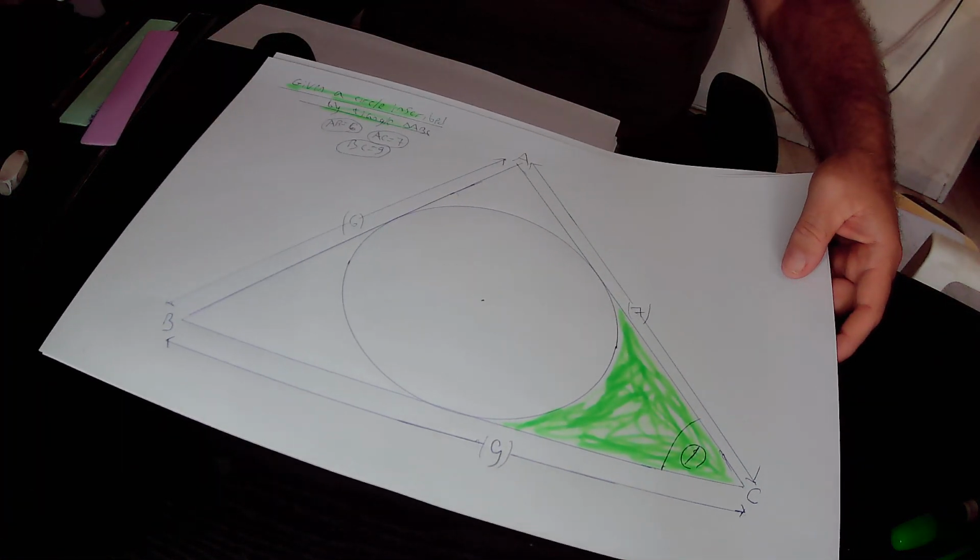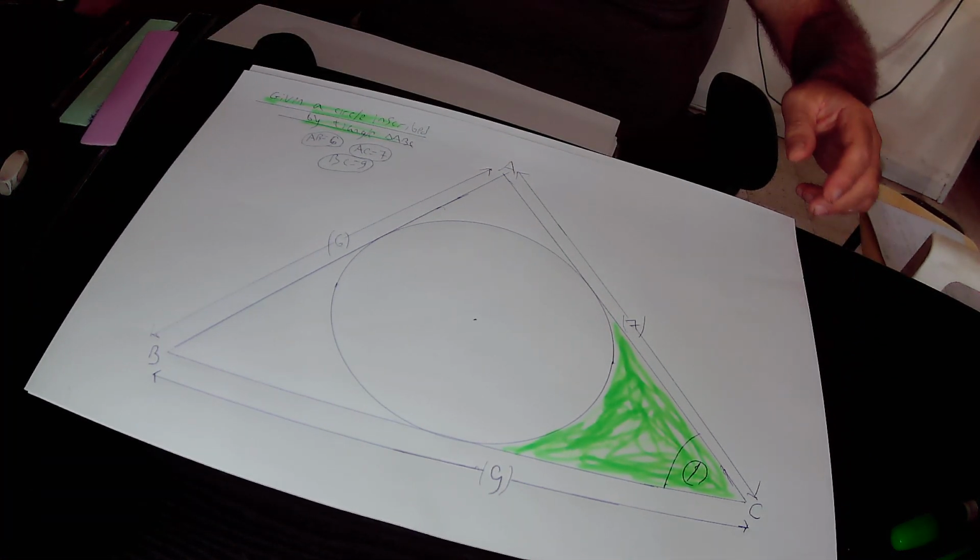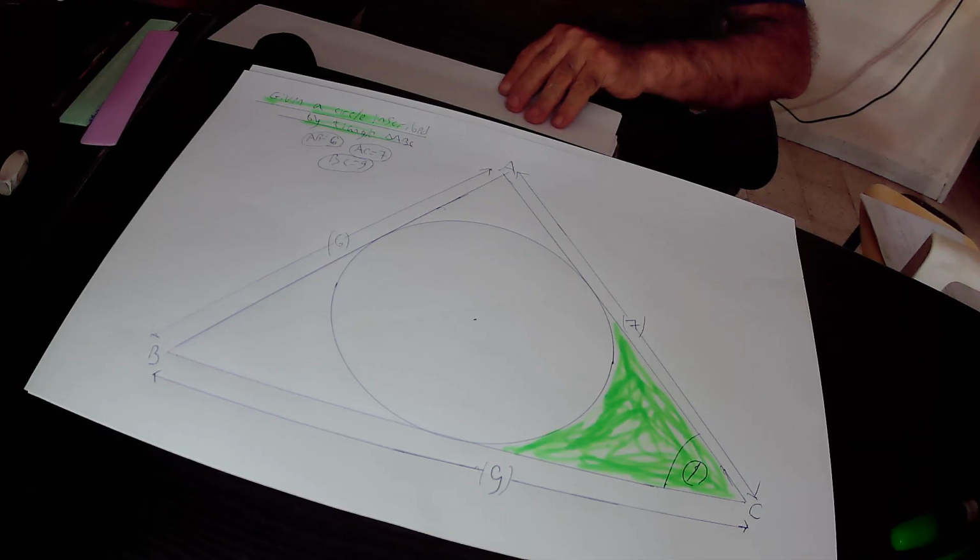So I can implement the law of cosines in our triangle ABC.